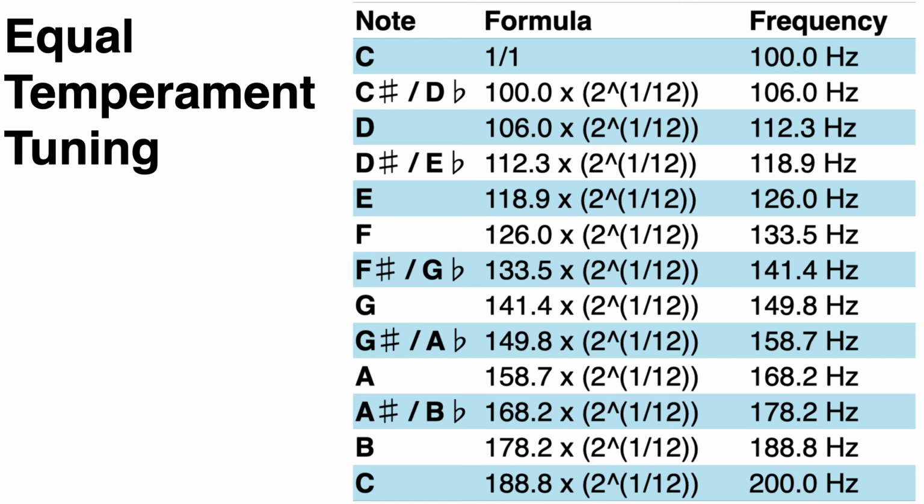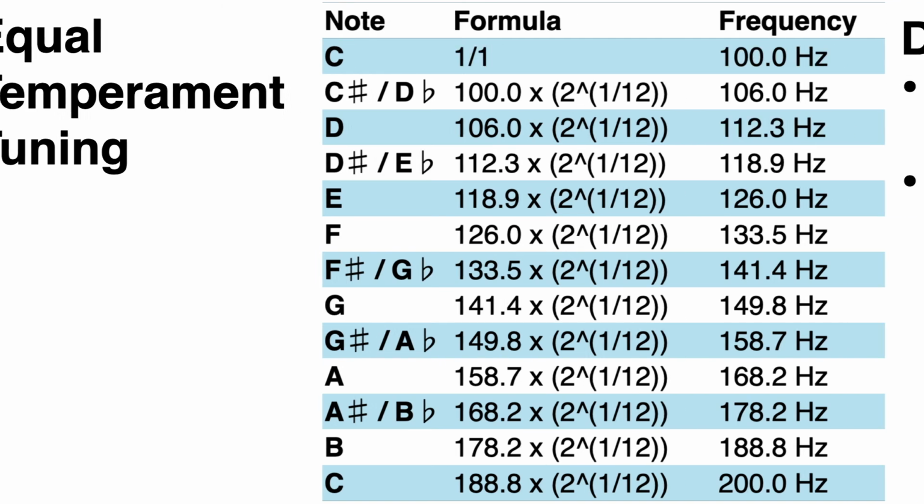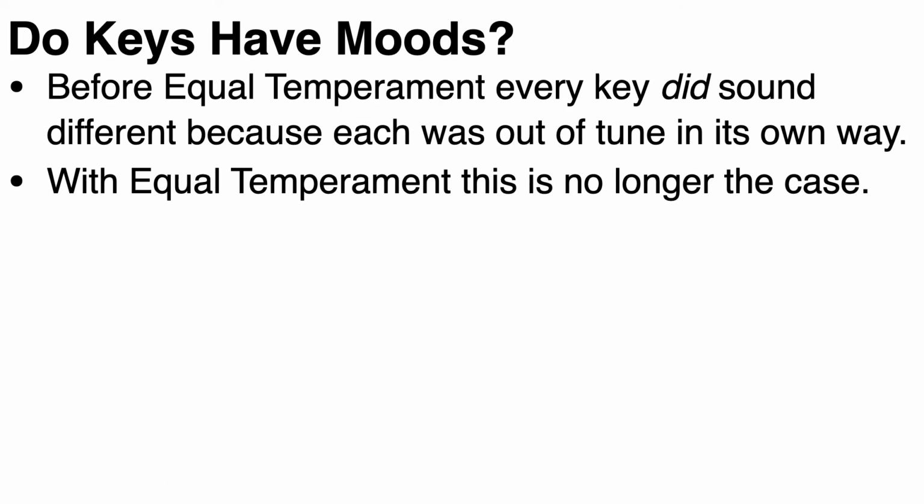Instead, we opted to have all the keys be slightly out of tune, but consistently so. So as you can see, before the adoption of equal temperament, every key did sound different because each was slightly out of tune in its own particular way.